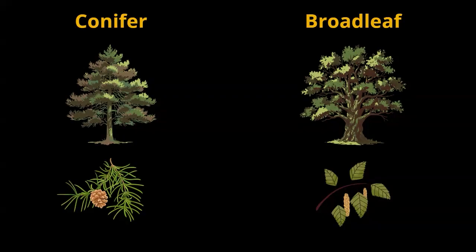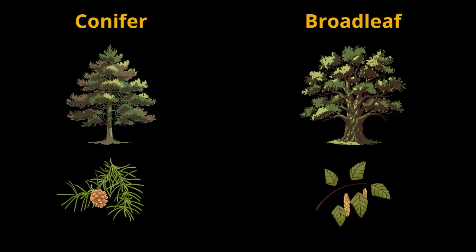Those are technically fruits there, and different trees will have different types of fruits and different types of flowers as well. Some will have male flowers and female flowers. Some will have those things combined into one flower. There's lots of different ways of being a tree and reproducing, creating your offspring.